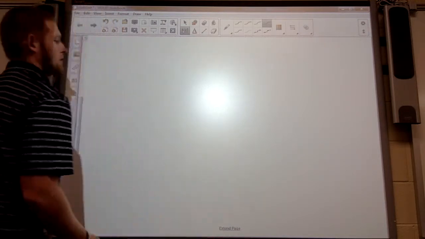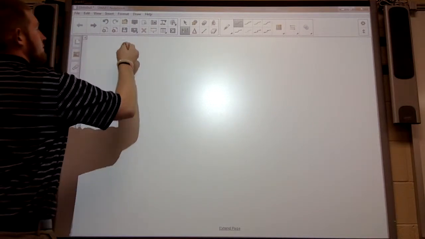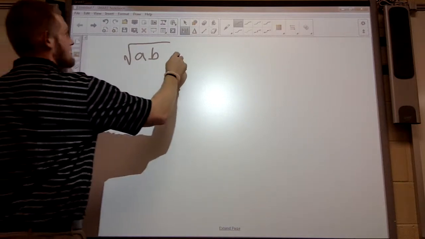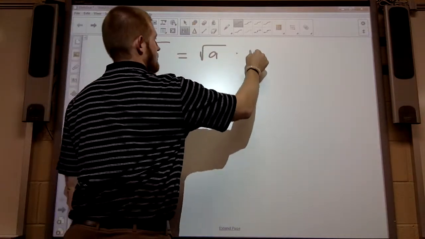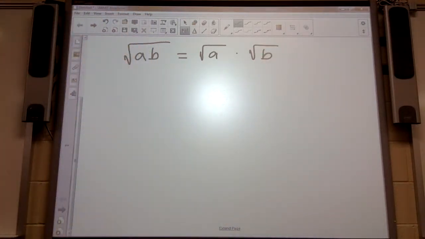What I need to make sure you guys know is this: the square root of AB is equal to the square root of A times the square root of B. And that might be a new idea for you guys. If you were in my geometry class last year, I know we talked about it at least.